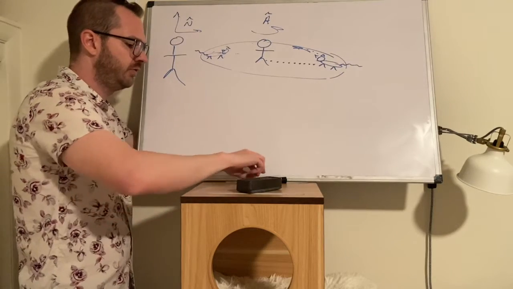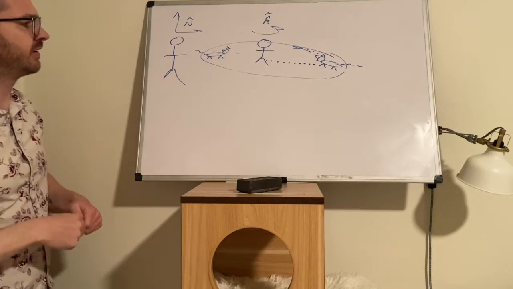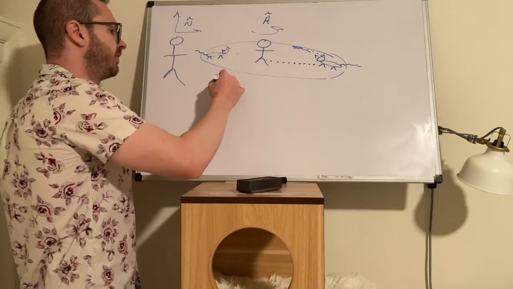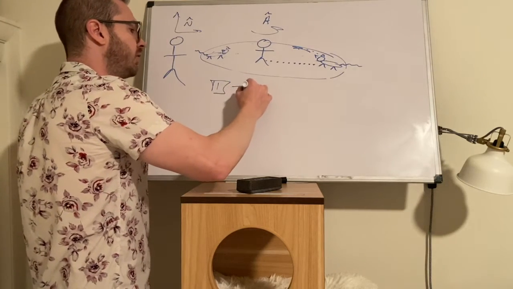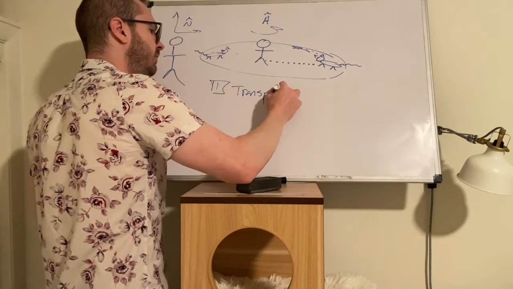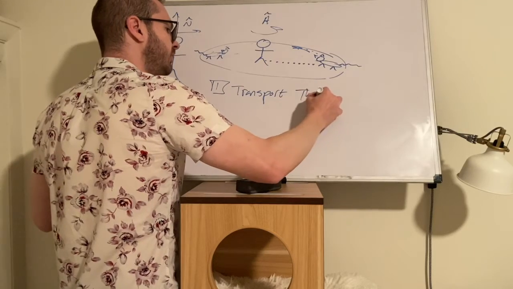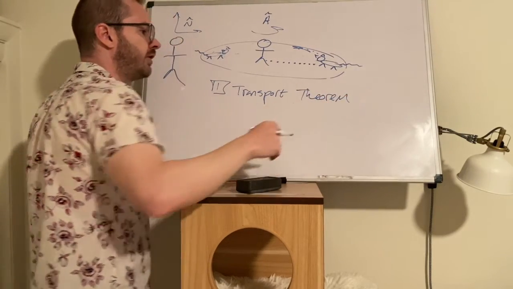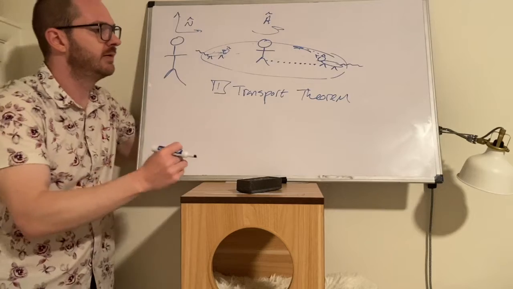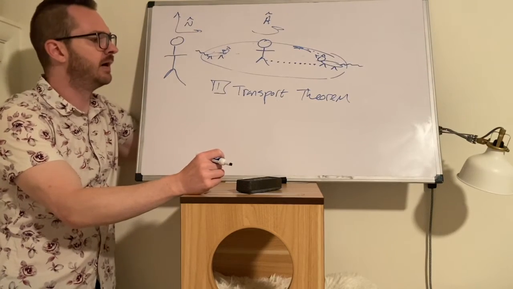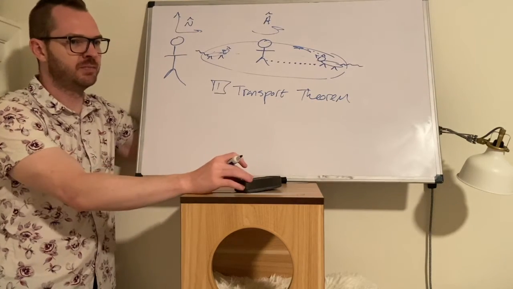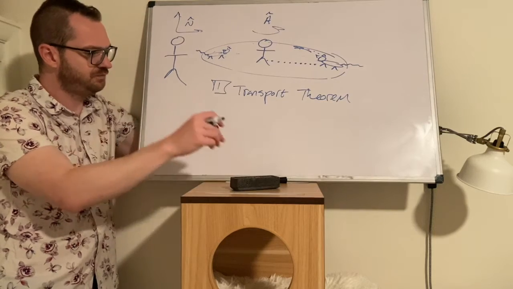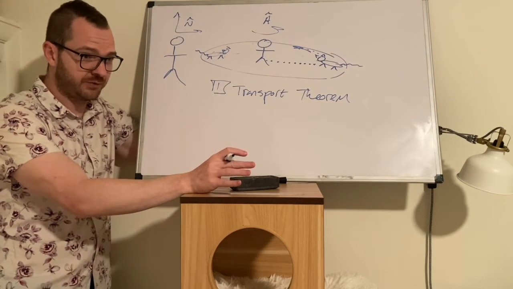What we're going to do moving forward on this topic of velocity is I'm going to teach you something called transport theorem. Transport theorem is going to greatly speed up the rate at which we can take derivatives of position vectors. It's incredibly useful for doing velocity.